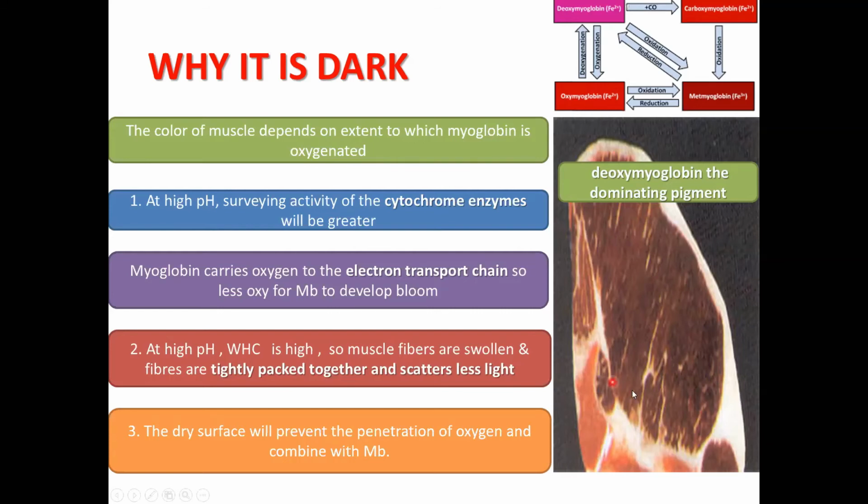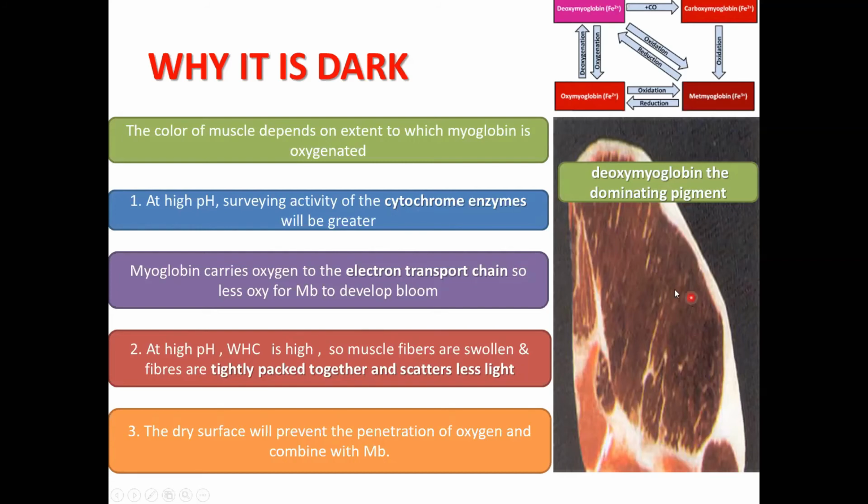Why is the oxygenation not taking place? Let's see. At high pH, the scavenging activity of the cytochrome enzymes will be greater. The cytochrome enzymes will be more active at high pH, say around 6.3, 6.4 or 6.6. At that pH they will be utilizing the oxygen, so there is less availability of oxygen to combine with the myoglobin.